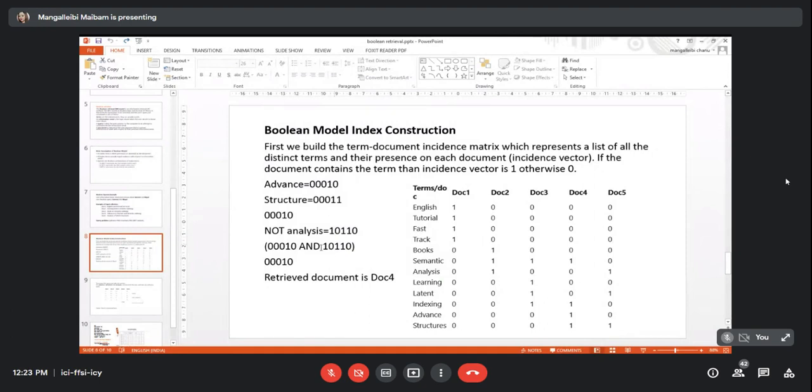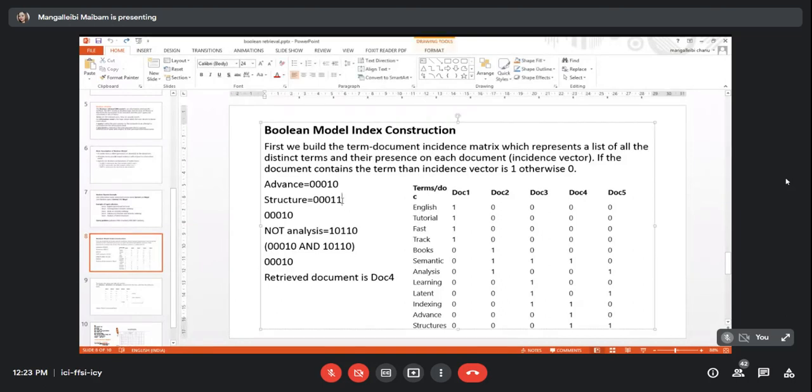So what's next is structure. This is the one: 0, 0, 0, 1, and 1. Now, analysis. You check for analysis.